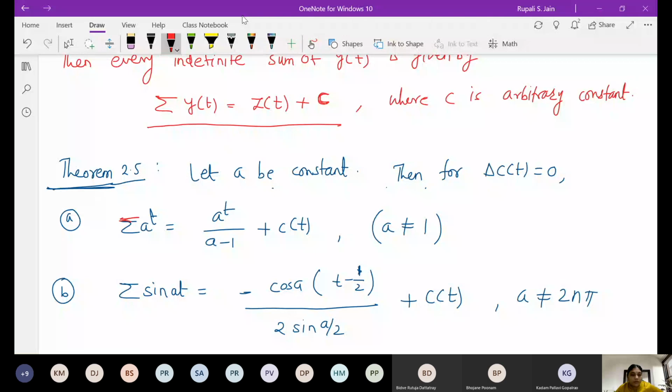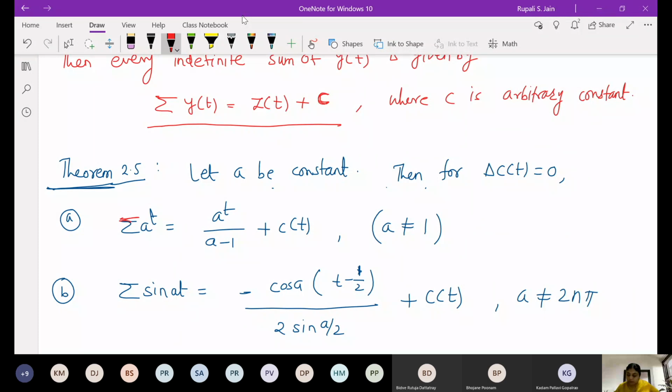Apply delta on both sides. If I operate delta on RHS and I get a raised to t, then I can say it is the indefinite sum. Summation a raised to t is nothing but a raised to t upon a minus 1 plus C of t. Is that okay? Yes, ma'am. Are you getting? Yes.